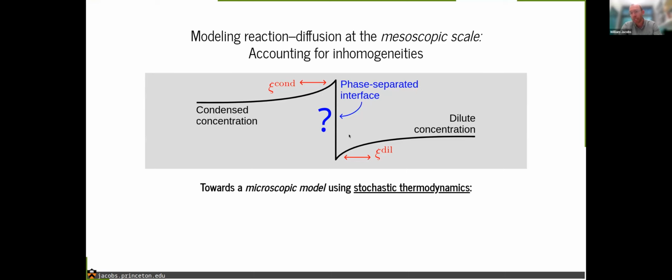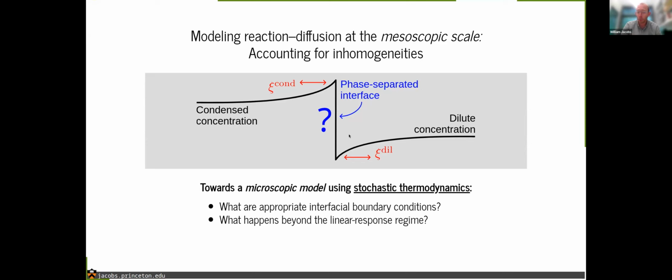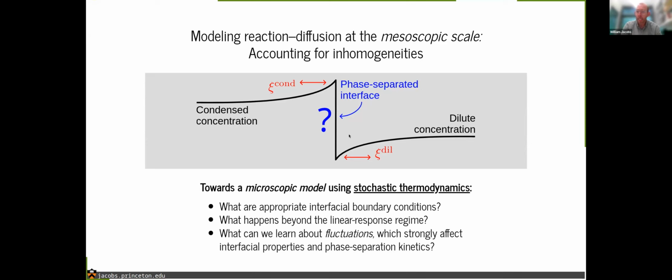And so this is where stochastic thermodynamics comes in, because it allows us to develop a microscopic model to ask the question, what are appropriate interfacial boundary conditions in this case? What happens beyond the linear response regime? And in particular, what can we learn about fluctuations? Because this is incredibly important for being able to describe the kinetics of an out of equilibrium phase separation process.